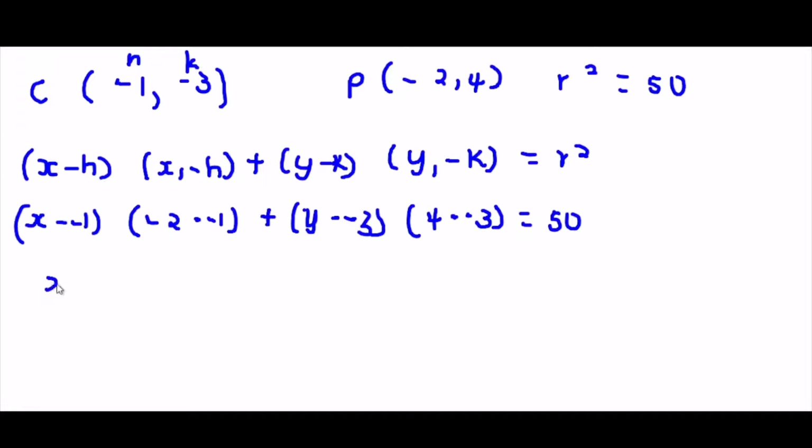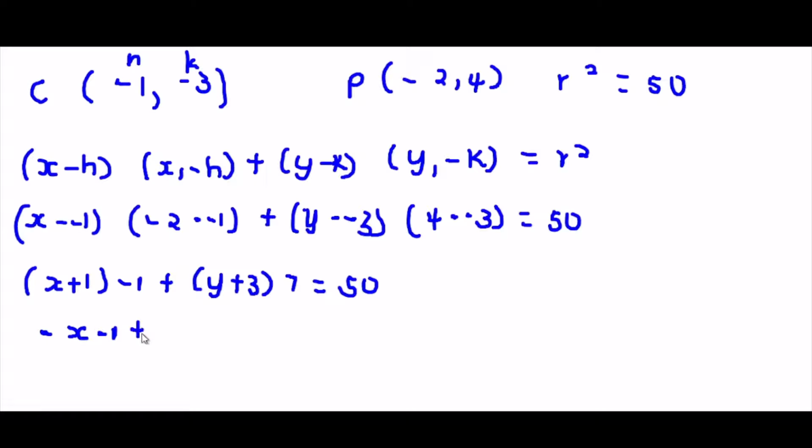So it's going to be (x + 1) multiplied by -1 plus (y + 3) multiplied by 7 equals 50. So it's going to be -x - 1 + 7y + 21 equals 50. So -x + 7y, -1 plus 21 is 20.